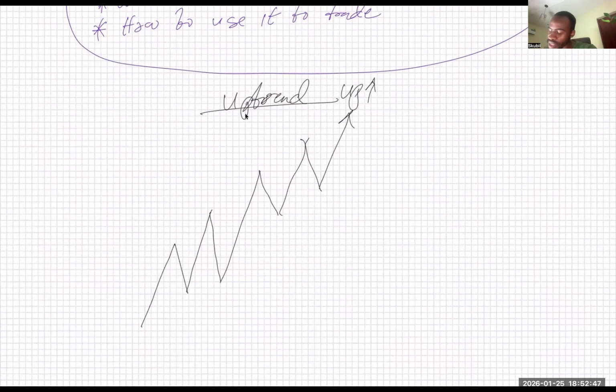Now, these moves to the upside are impulsive moves. The moves to the downside are retracements. Now, these impulsive moves and retracements in an uptrend go up to create a series of higher highs and higher lows. So, higher high, higher low, higher high, higher low, higher high, higher low, and then higher high here.